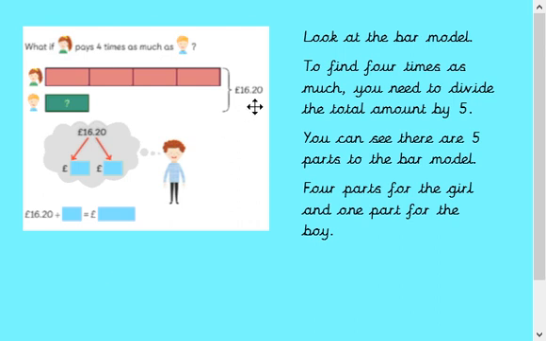And then the second part, £1.20 divided by 5 would be 24 pence. So each of these chunks is worth £3.24. That's how much this one would be, and this one would then be 4 times that.